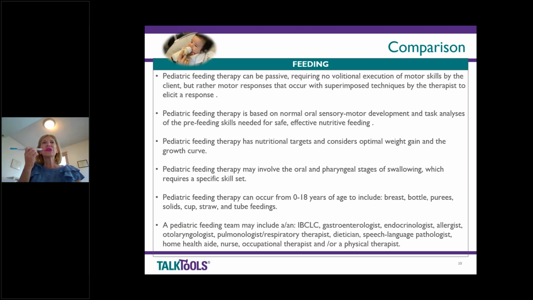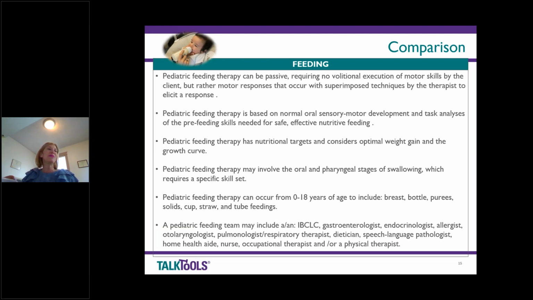But when I put this at the molar ridge, I'm superimposing tongue lateralization because that's a neurological response. So I'm not saying open your mouth and put your tongue to your molar. I'm using sensory motor cueing to superimpose the response that I want, okay?